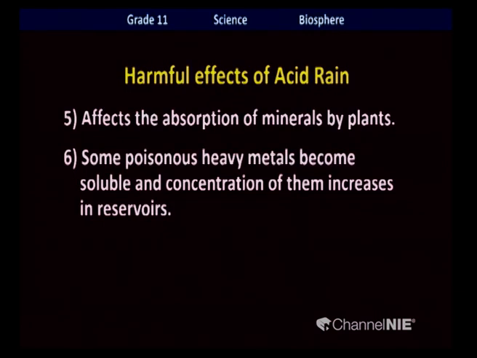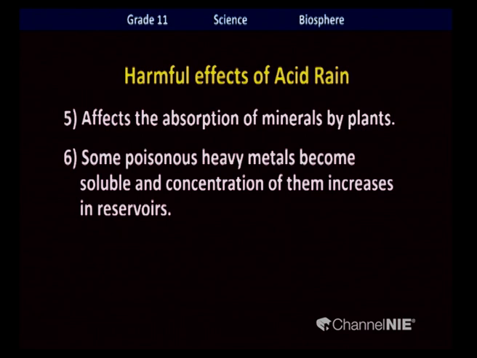Number 5, effects on the absorption of minerals by plants. Absorption of essential minerals by plants gets affected due to the dissolving of other unwanted metals, for example heavy metals, which can block the absorption of essential minerals. Number 6, some poisonous heavy metals become soluble and their concentration increases in the reservoirs.